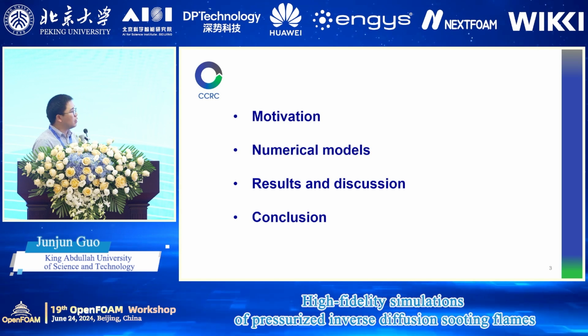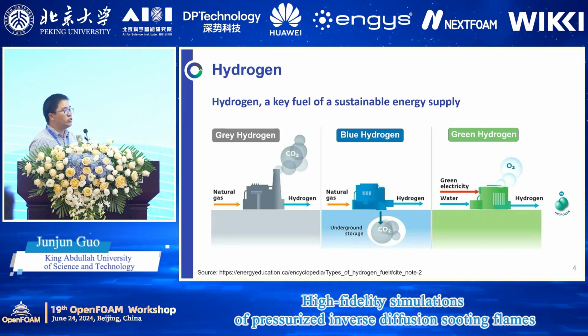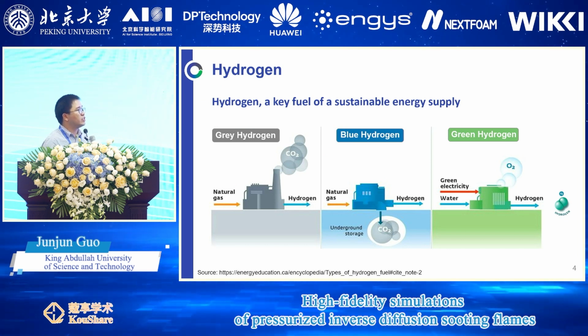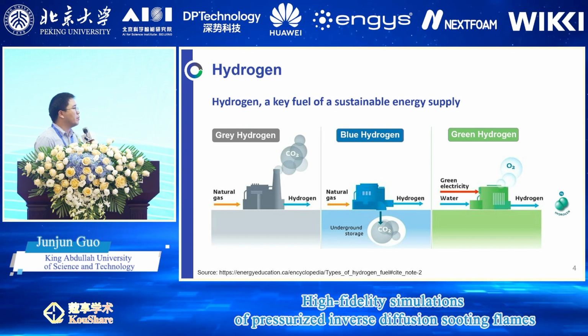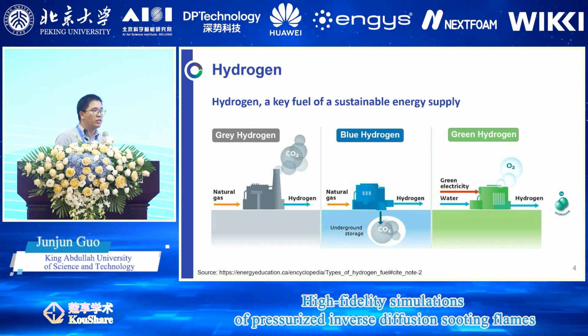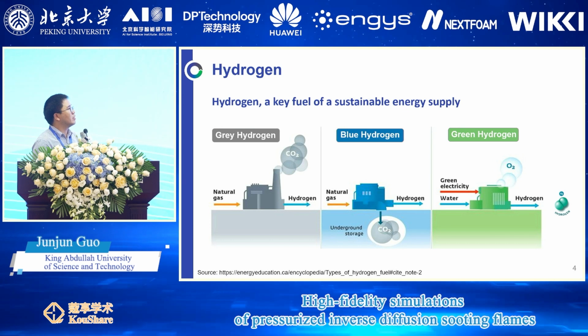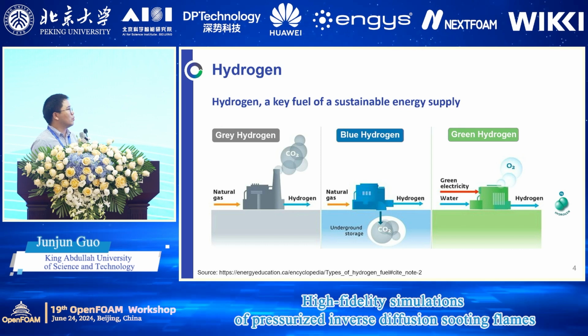Let's begin with the motivation. Hydrogen is now very popular. It is a very simple fuel, already studied in the combustion community for many years, and recently, considering carbon capture, it has become more and more popular as a carbon-free fuel.